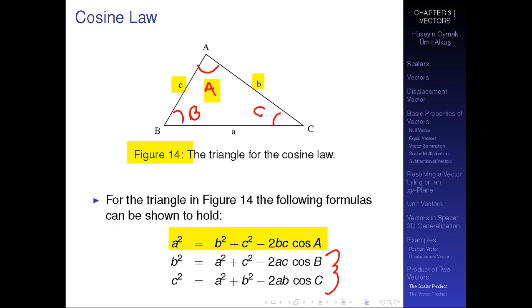With this in mind, we can now concentrate on the notion of subtraction of two vectors to go one step further in the scalar product of two vectors.